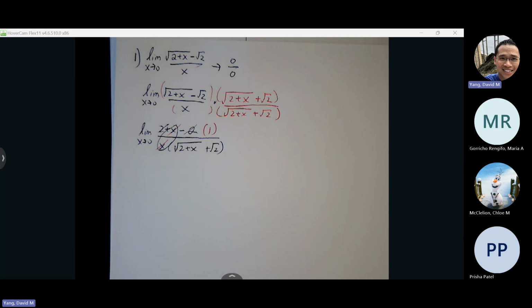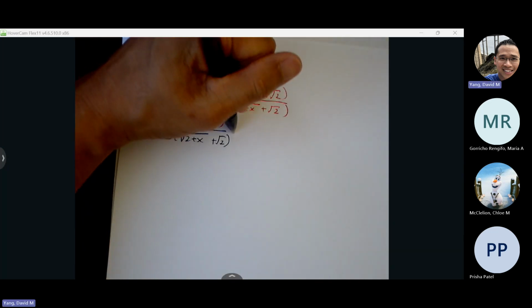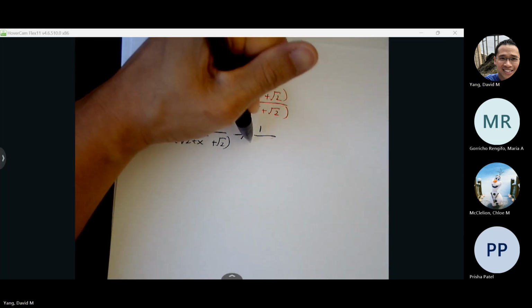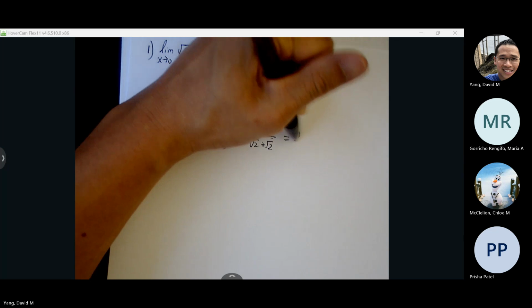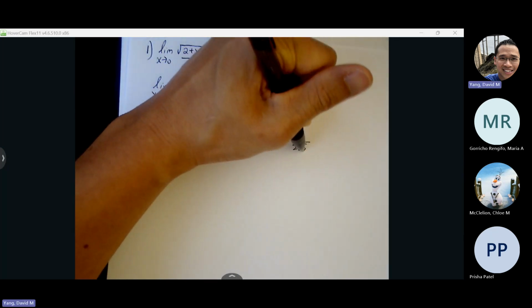Now we can reevaluate our limit. Replace any remaining x's with 0, and we shouldn't get 0 over 0 anymore now that the hole has been removed. So 1 root 2 plus 1 root 2 equals 2 root 2.